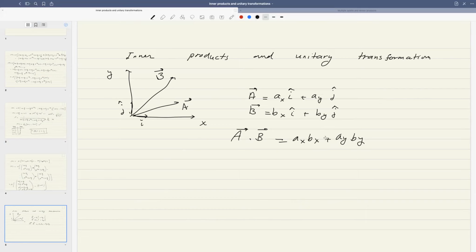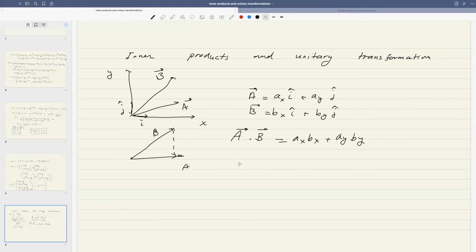So the geometric representation is you would take the component of one along the other one. So if this is A, this is B, I would project B along A or project A along B, and then multiply this length by the length of A. So essentially, it's like the product of the two lengths times the cosine of the angle between the two vectors. So we had two important cases.